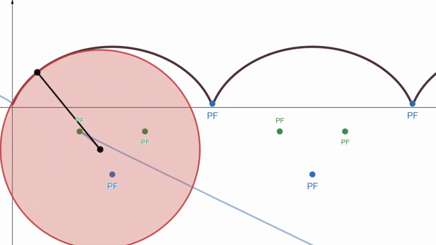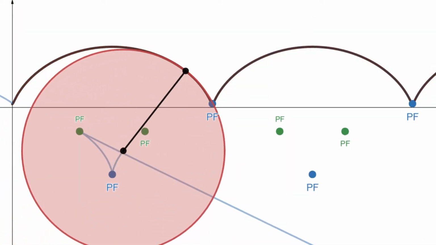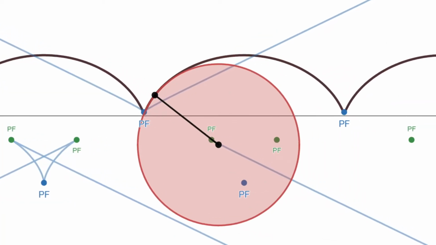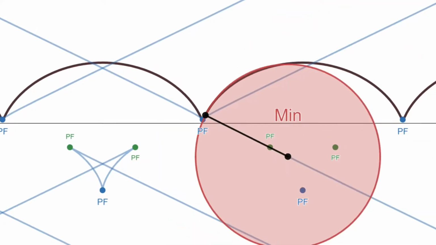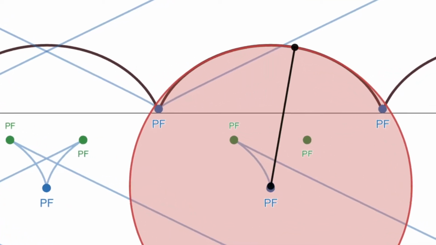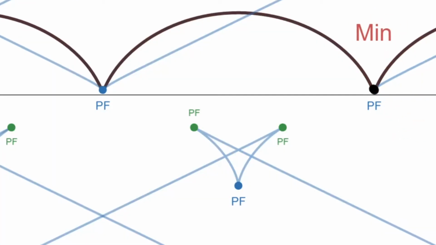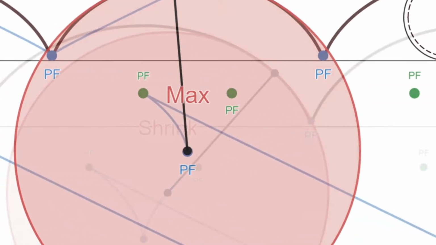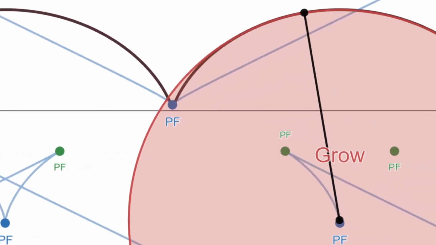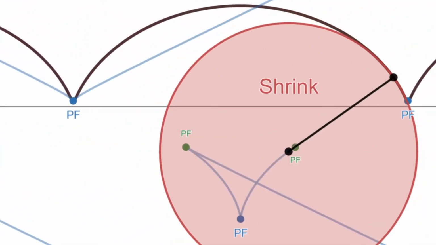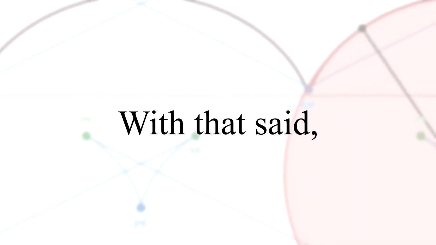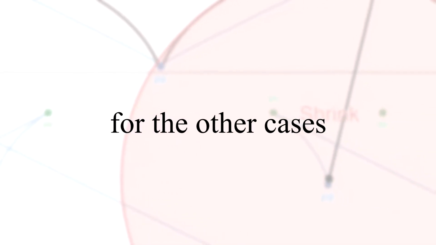As this osculating circle skates along those 2 things, the radius reaches a max length or a min length when its center is on the pseudofocus. Additionally, when the osculating circle passes through these points, the circle either shifts from growing to shrinking or shrinking to growing. With that said, here's a visualization for the other cases.